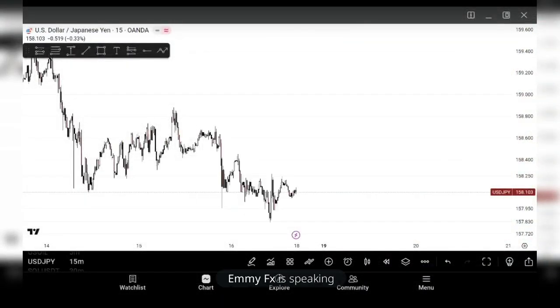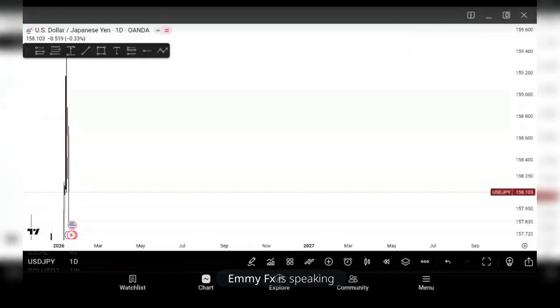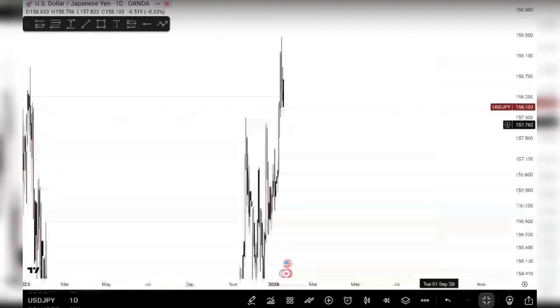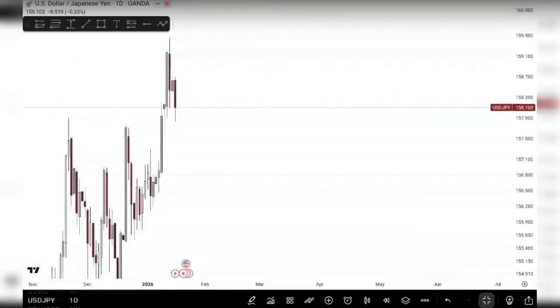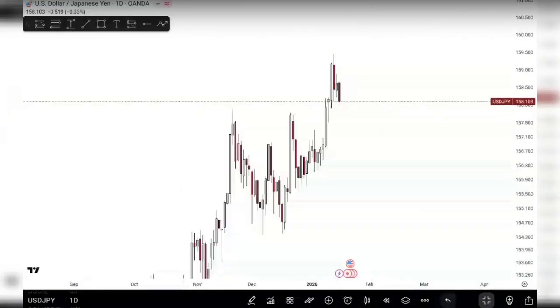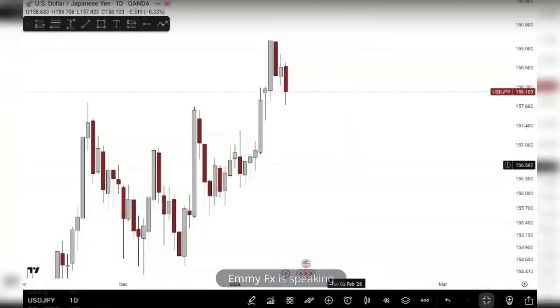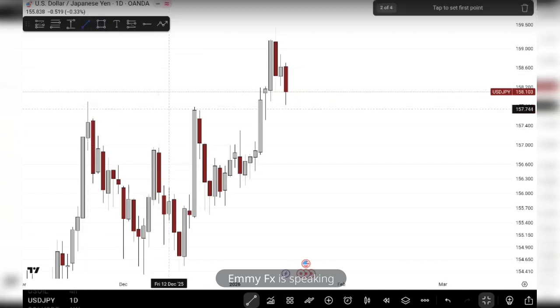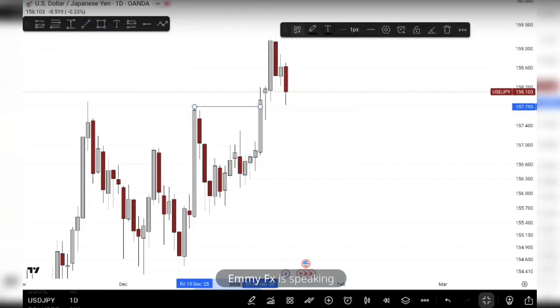Let's move to the 1 day time frame. First, we have this break of structure to the upside, so we're having a retracement to the downside at this spot.